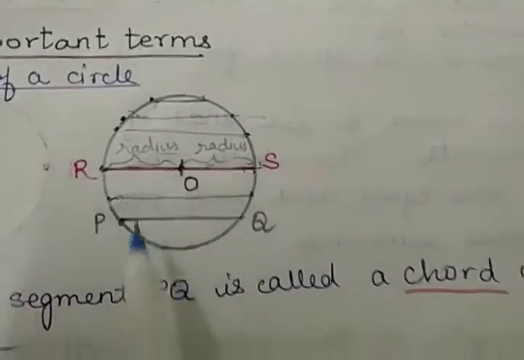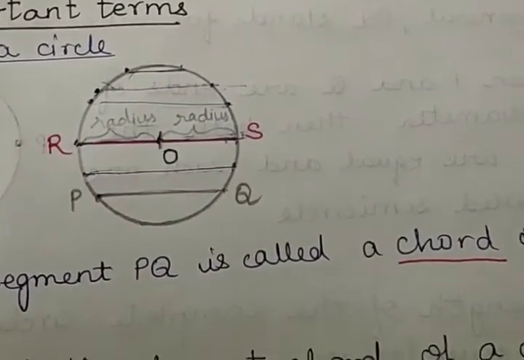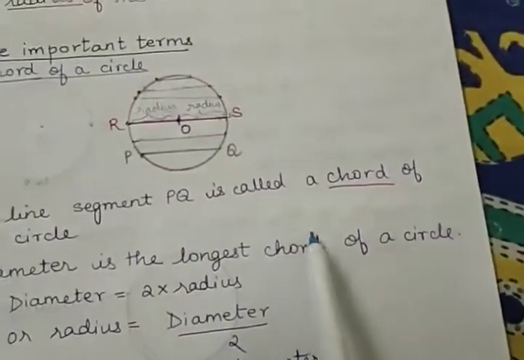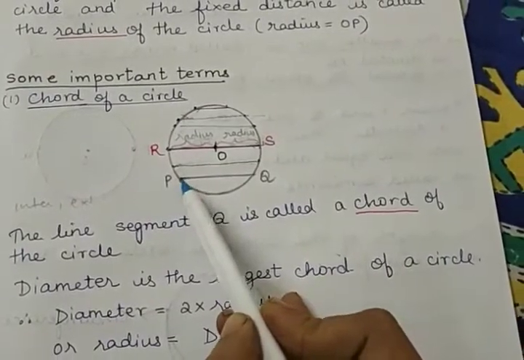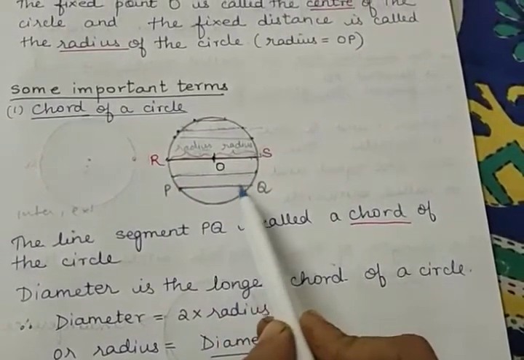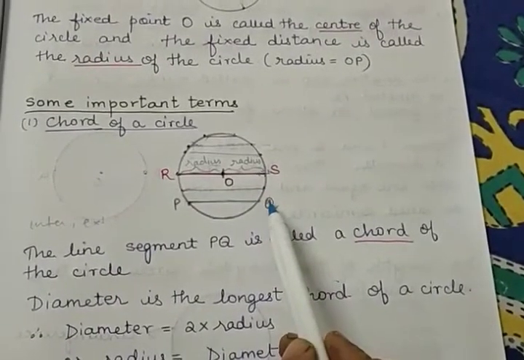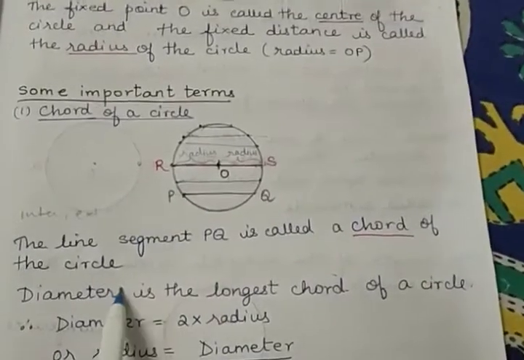This longest chord that you have got is called the diameter of the circle, and in a circle the diameter is the longest chord. So what is a chord? It is a line segment drawn from any 2 points on the circle, and the longest chord in a circle is the diameter.